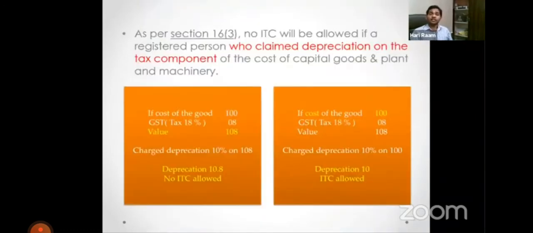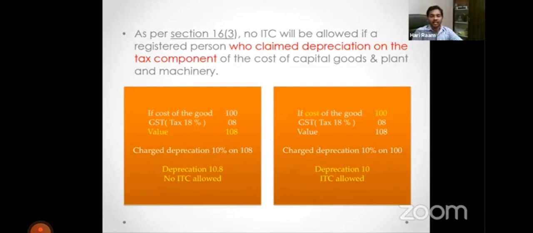Section 16 subsection 3 says that no ITC will be allowed if a registered person claims depreciation on the tax component of the cost of capital goods and plant and machinery. Two situations arise here. One, if the depreciation is charged on the tax component along with the cost: in the first case on the left side, the cost of goods is 100 rupees, tax is 18%, so the value I paid for the purchase is 108.